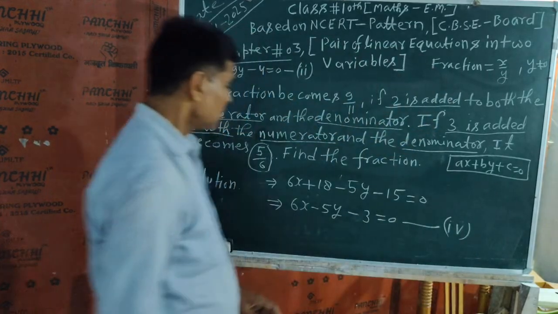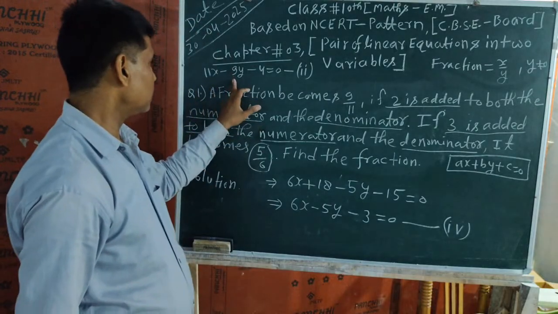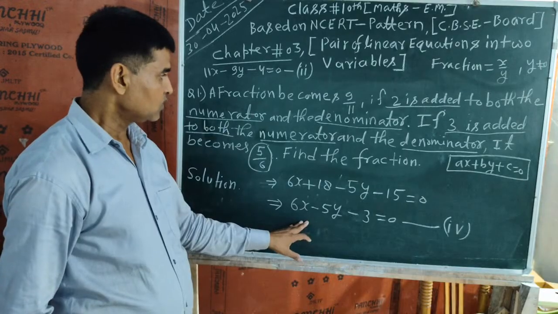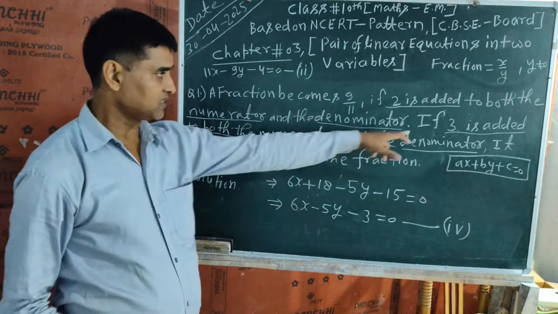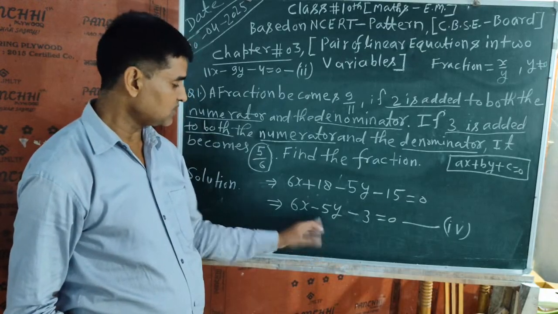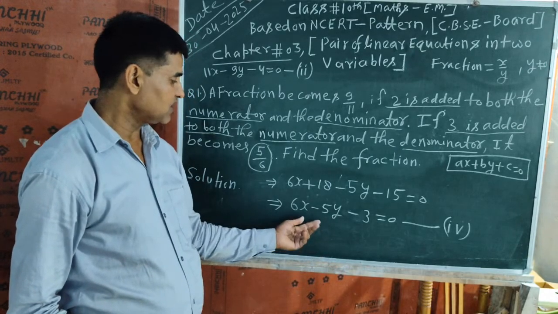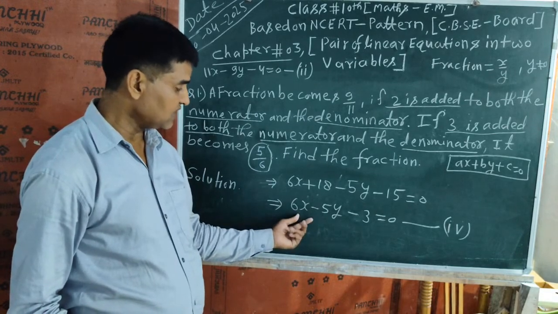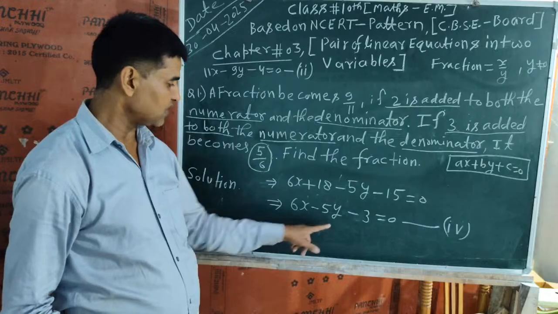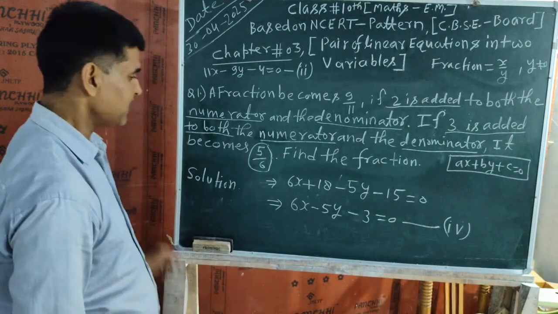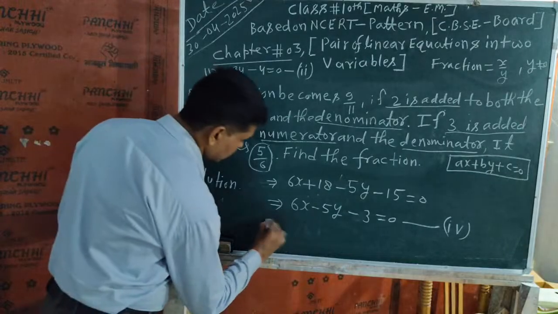Okay students, this is equation number 1 which I have already saved here, and this is equation number 4. After the second condition I have got this equation, and this is a linear equation in two variables x and y. When I combine both equations, that will be the pair of linear equations in two variables x and y.